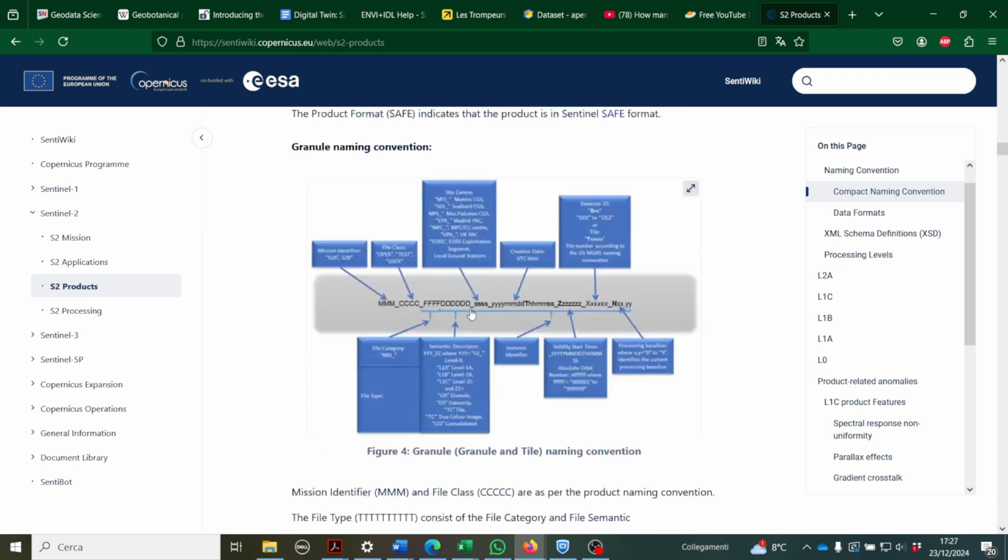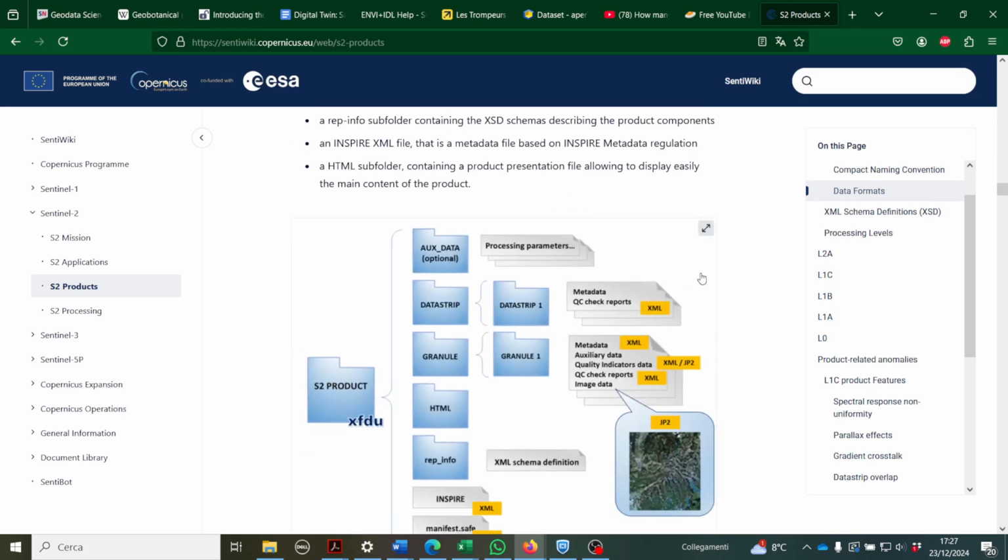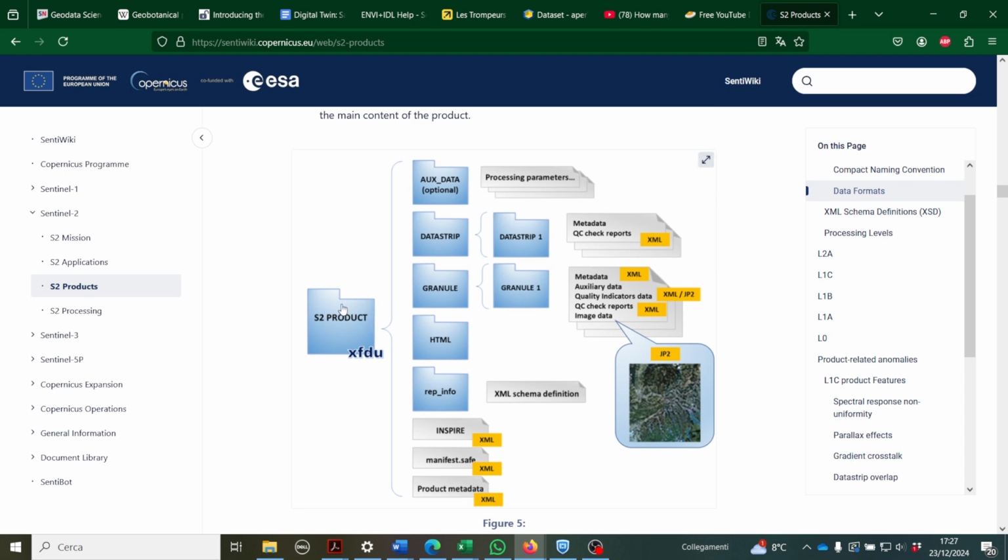When you are downloading the data, this is the schema. You go to an S2 product, a Sentinel-2 product, and all the data you download from the official sites of the Sentinel data is split into different folders: the auxiliary data, the datastrip, the granule, and so on.